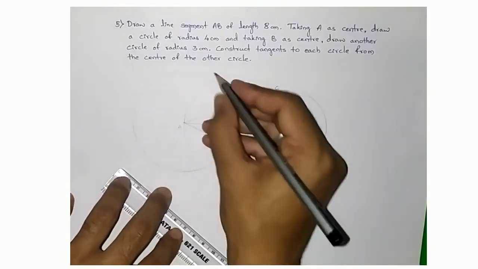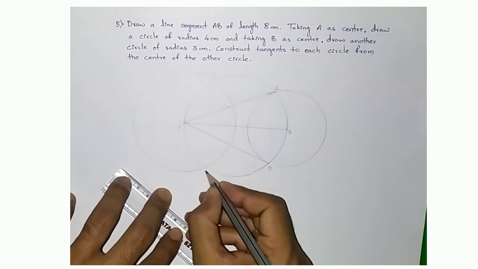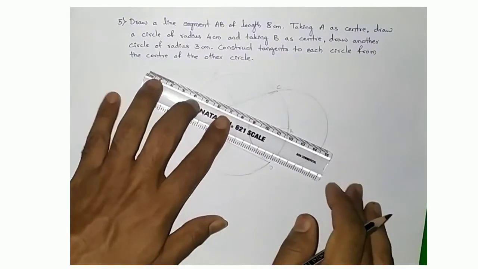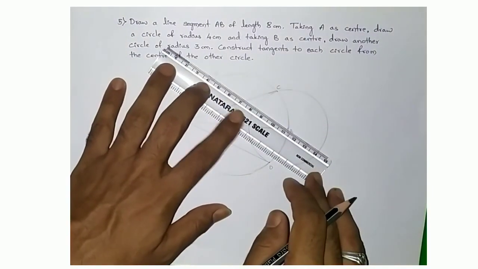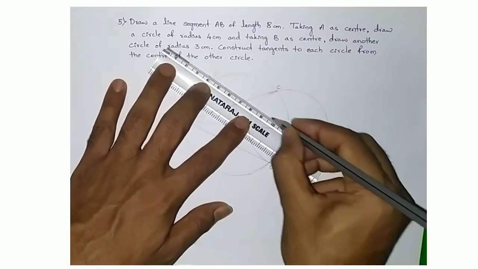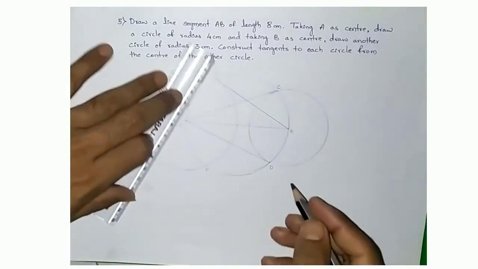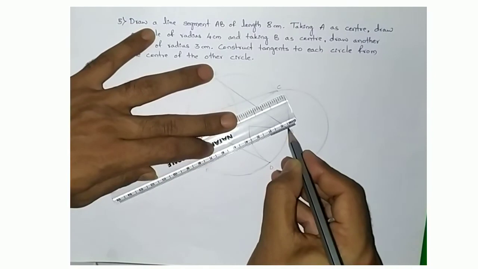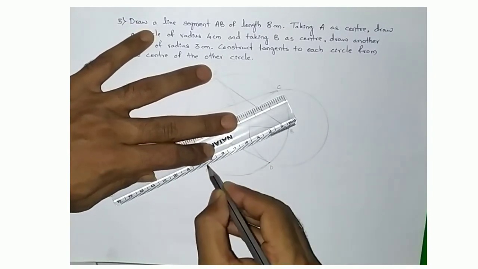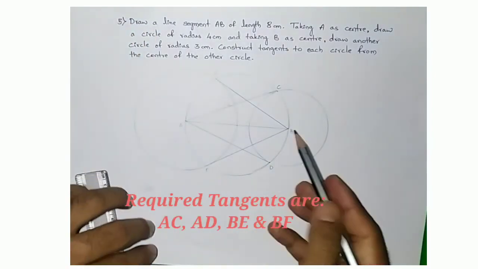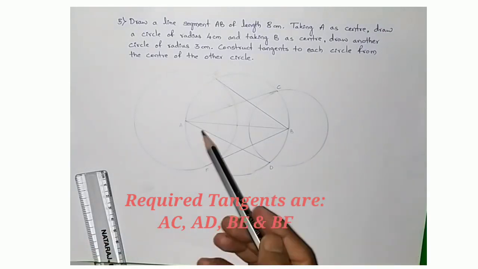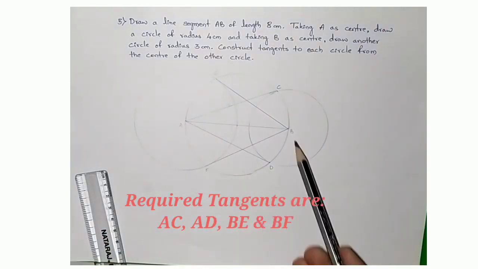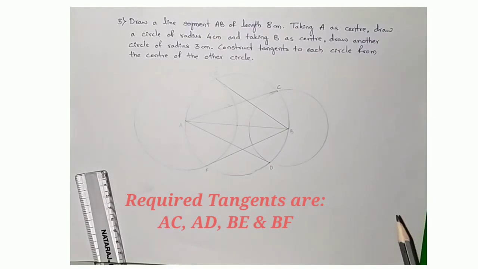Similarly, E and F from the center B, EB and BF. Okay, these are our required tangents. Those are AC, AD, BE and BF. Like this you have to draw. So the other two problems are for your practice.